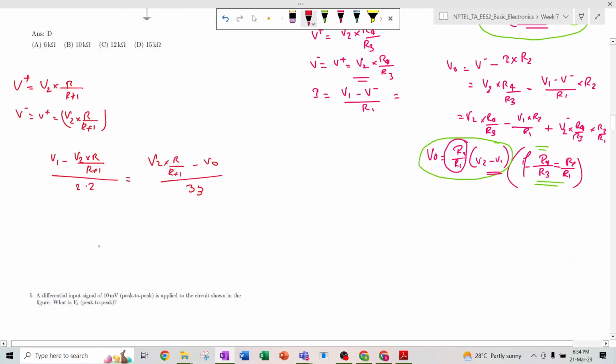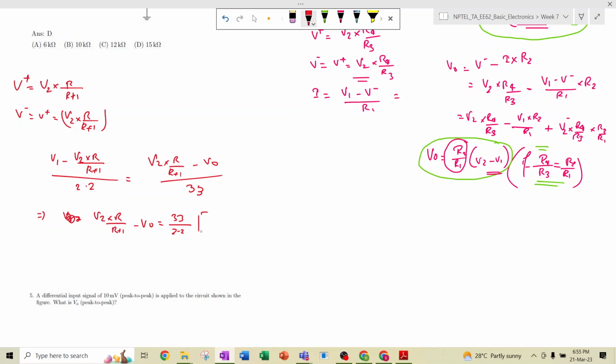Okay, so from here we get that this VO will be, if we consider this, V2 into R divided by R plus 1 minus VO will be 33 divided by 2.2 into V1 minus V2 into R divided by R plus 1.